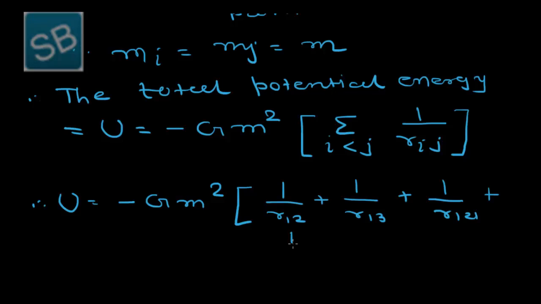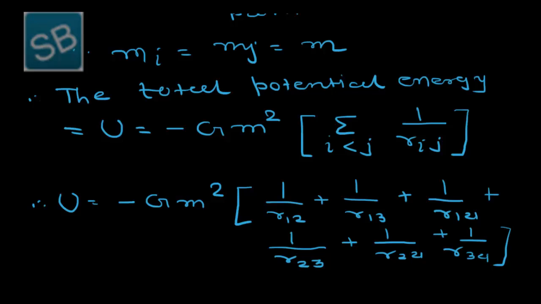From the second particle, it is 1 over r23 plus 1 over r24, and the last one is 1 over r34. In all these cases, you can consider the i value is always less than the j value.